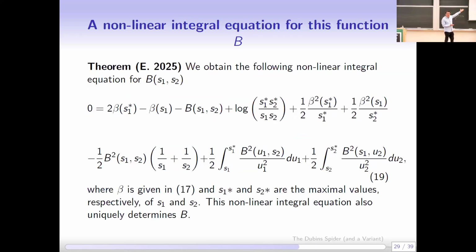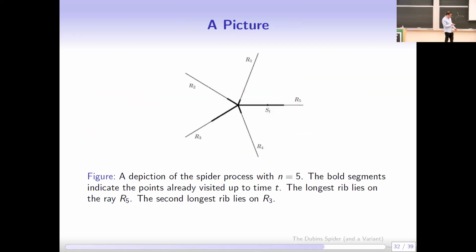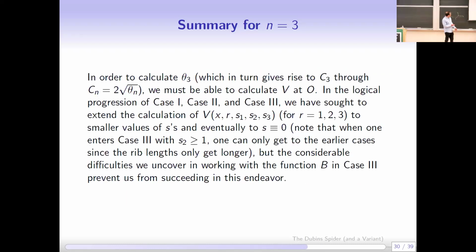So we can express beta, but as hard as we try, we can't find a representation for the function B. And that prevents us from going forwards. But it does explain why the 3 problem is much more complicated than the 2, because you have all these state spaces and you have to solve for these functions analytically, and it's terribly complex to do it.